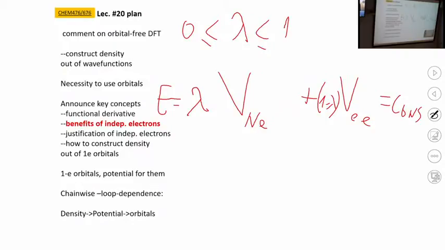Good. Now, all things that we are doing are important. I cannot rank what is most important, but the one that is on the table or on the board is one of the most important things. Density functional theory is simple, but each step in it is a little counterintuitive, right?